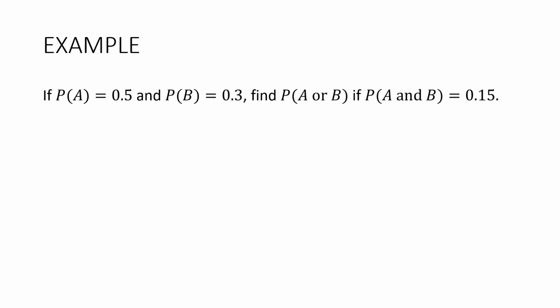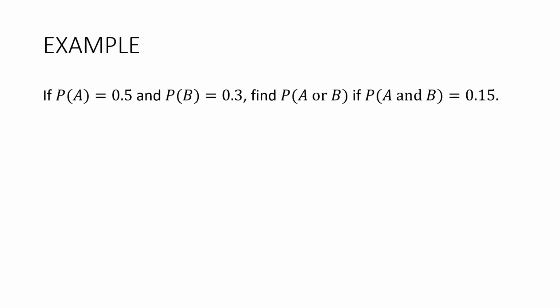Of course, sometimes they will give you a question without context, like this one. We've got the probability of A, the probability of B. We're asked to find the probability of A or B, and we're also given that the probability that A and B occur is 0.15. Quick question, are these events A and B mutually exclusive or not?